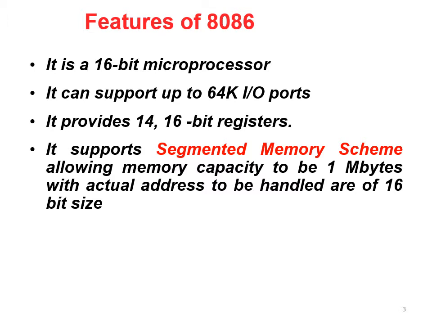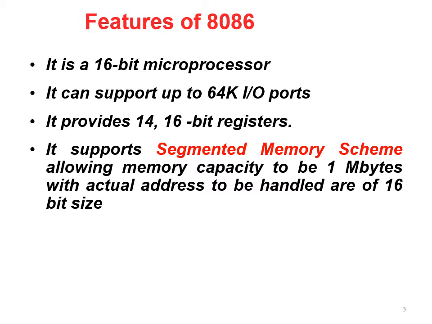And one of the most important features of 8086 is that it supports a segmented memory scheme. What is its advantage? Using this segmented memory scheme, 8086 is able to address 1 megabyte of physical memory.